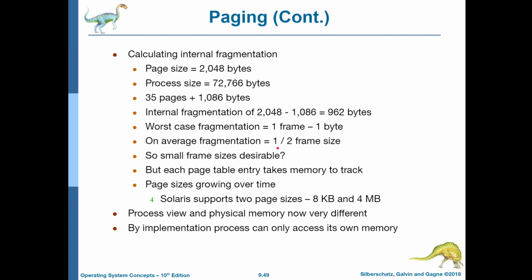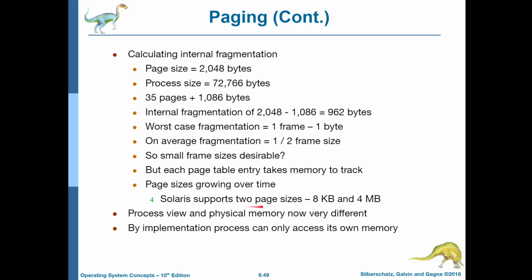In fact, they would be 4 megabytes in size. So, we don't necessarily want the smallest frame because we'll have huge page tables. But we don't want really big frames because then we will have wasted internal fragmentation. So there's a balancing act that needs to go on here. Choose a frame size that's appropriate for your system.